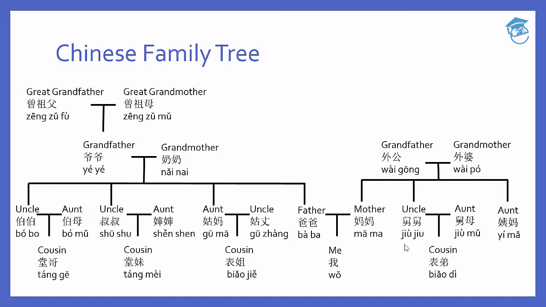And for mother's sister, we call her 姨妈. 妈妈的姐妹是我的姨妈. For 舅舅的太太, we call her 舅母. It is similar to how you say 伯伯的太太. Same for 姨妈, 姨妈的先生我们叫姨丈. So it's similar to how you call 姑丈.